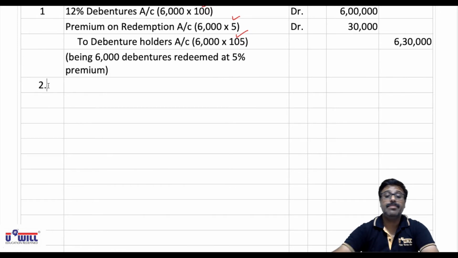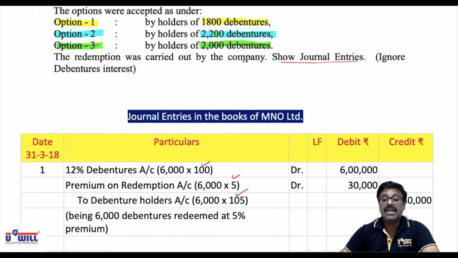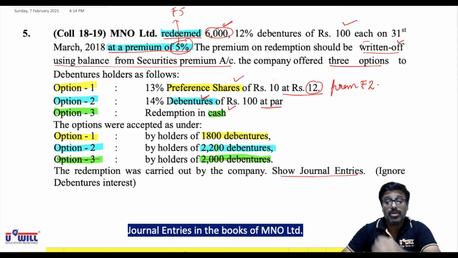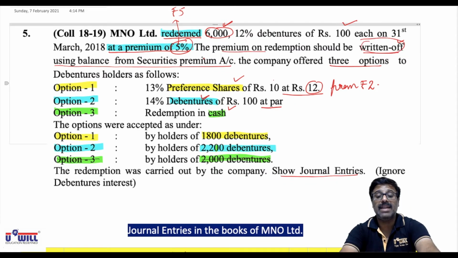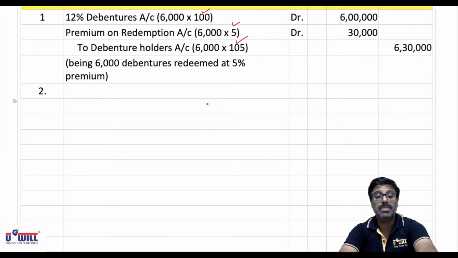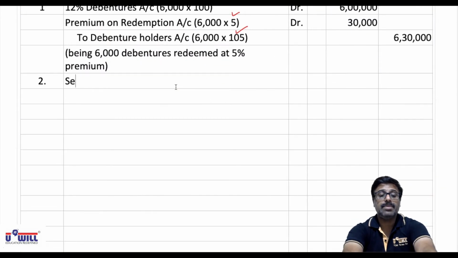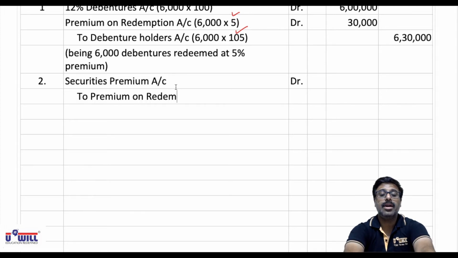Now second entry. They say that we have to write off this premium on redemption from securities premium account. So for that we'll pass the second entry. That would be securities premium account debit to premium on redemption account.